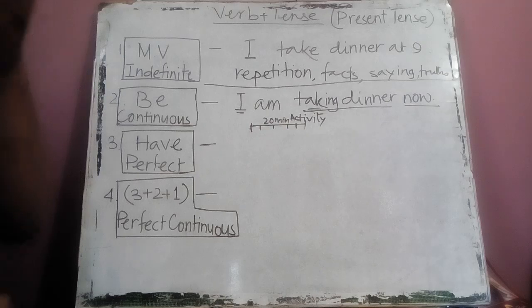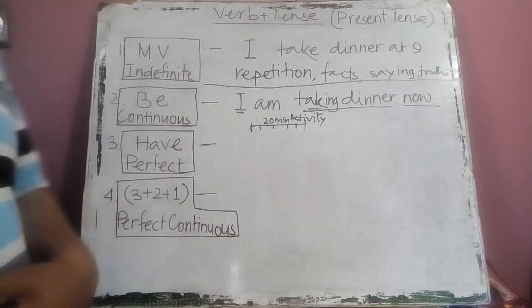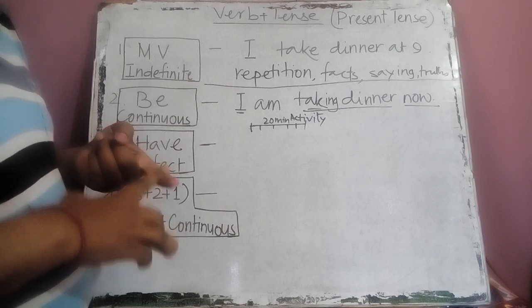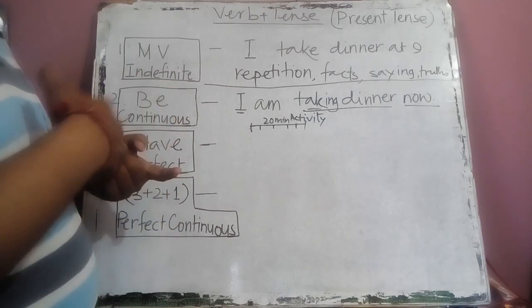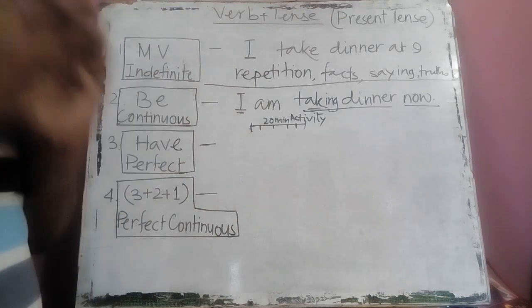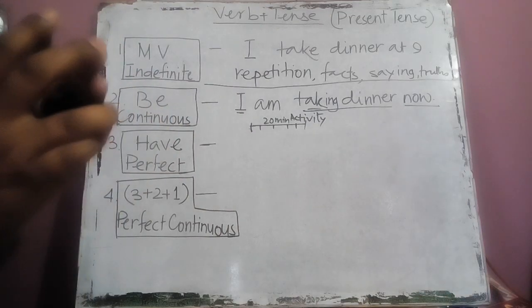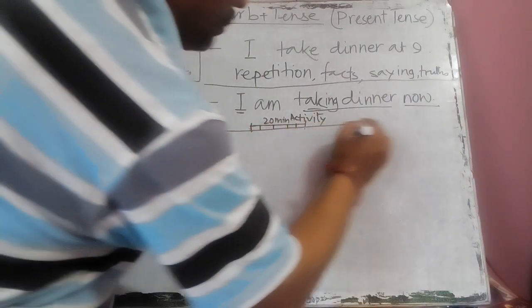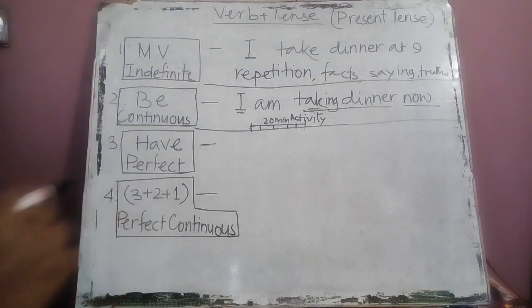He says, excuse me, what's up? And your reply comes, taking lunch, taking dinner. He's not concerned about the activity that you started some time back, but simply focused on knowing what activity is being performed by you. So remember, in case of continuous, our focus remains on knowing what activity is being performed.